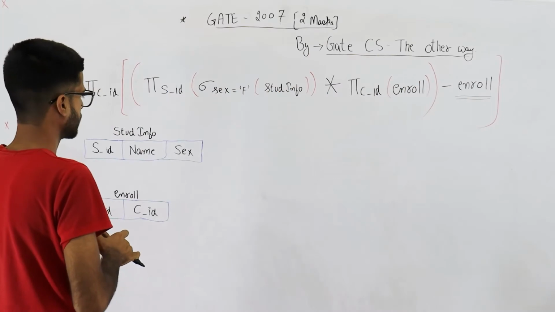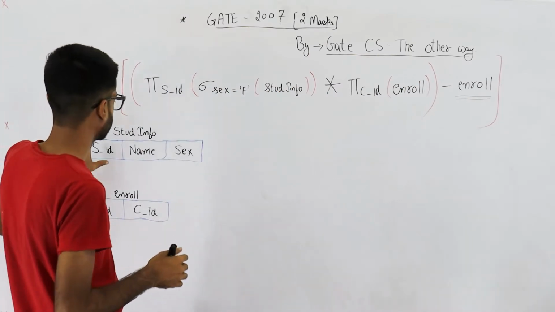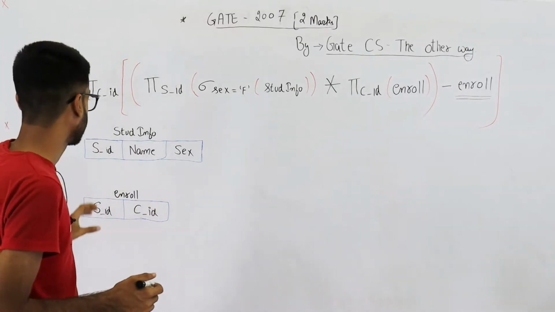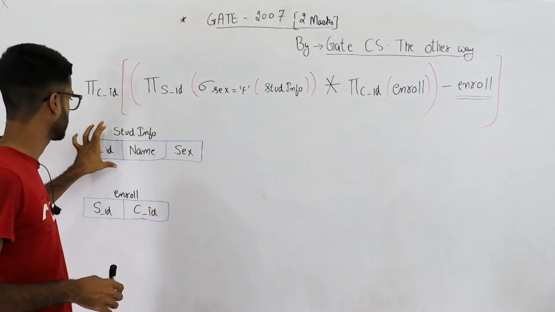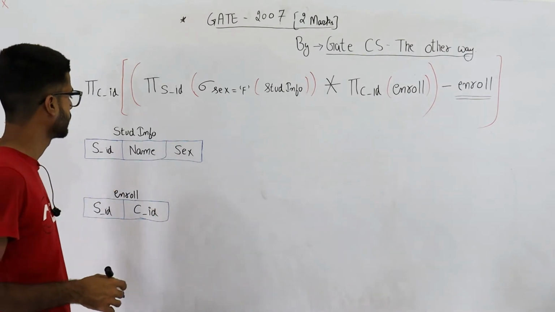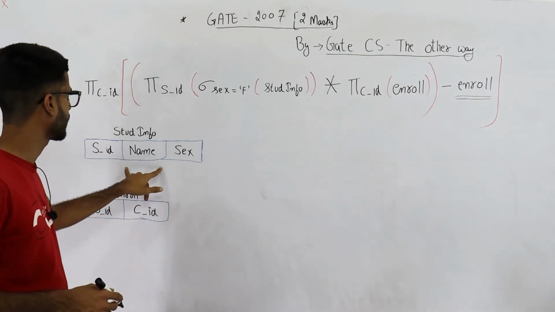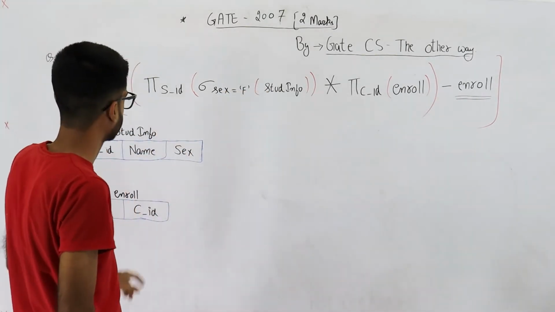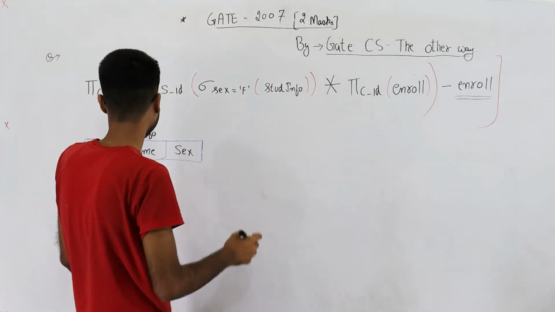Anyways, to begin with, let's fill some dummy data in these schemas or in these tables. First of all, let's fill some data in studInfo, which is studId, name, sex. Let's just neglect the column name because name is nowhere present in this query.